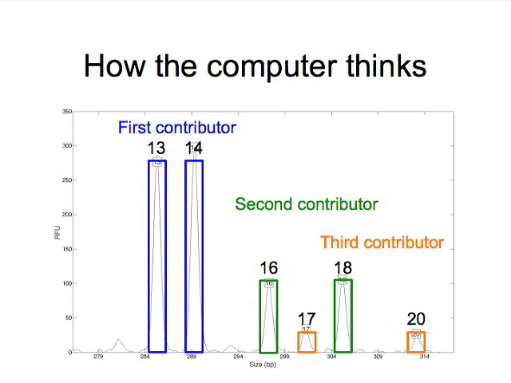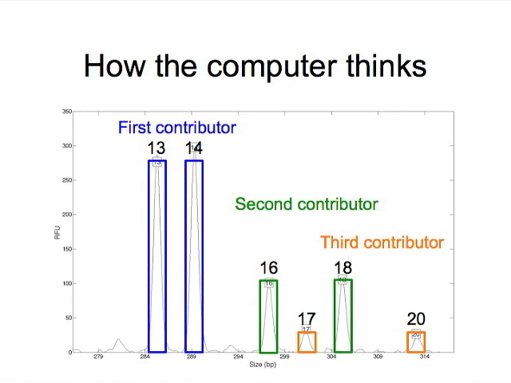What you're seeing here is a very good explanation in that the rectangles shown in color very much correspond to the peaks that you see underneath. Do you see that? It's the pattern. If the computer were to propose that there's a lot of the first contributor, 13, 14, and put some blue rectangles there, that's just for us to see it.